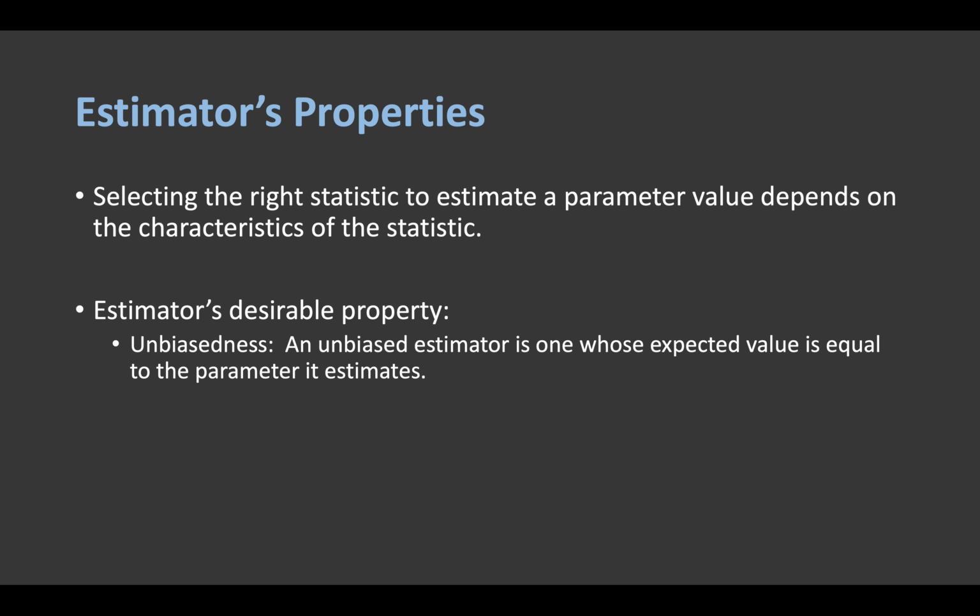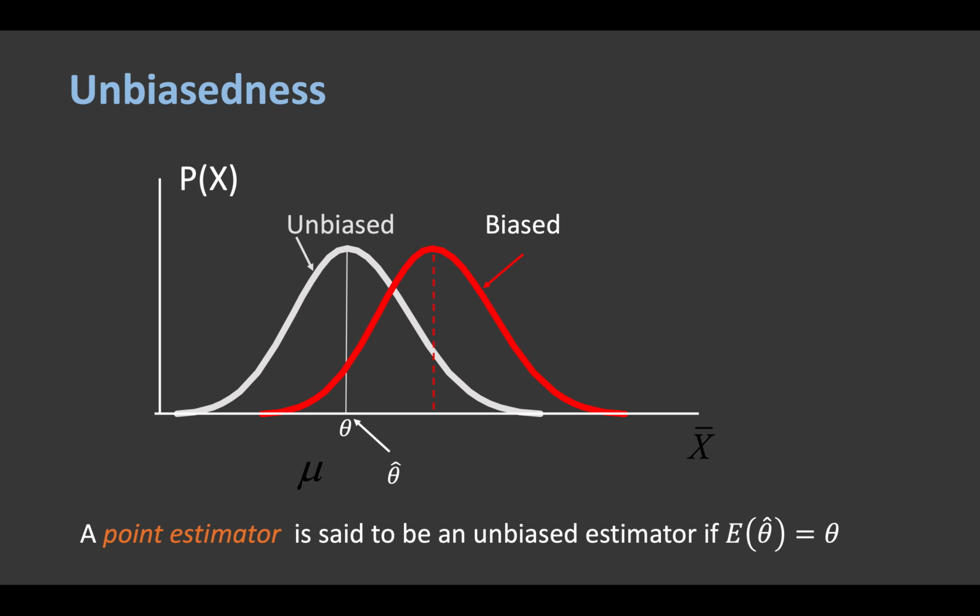We want it to be unbiased. That basically means whatever we estimate, theta hat, is quite similar to theta, right? We want them to be the same. Theta to be the expected value of theta hat.